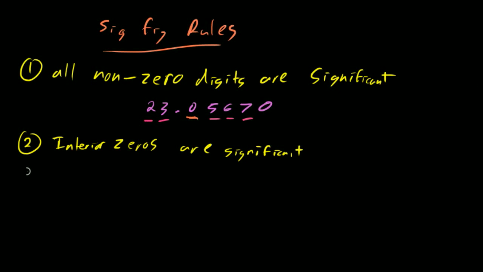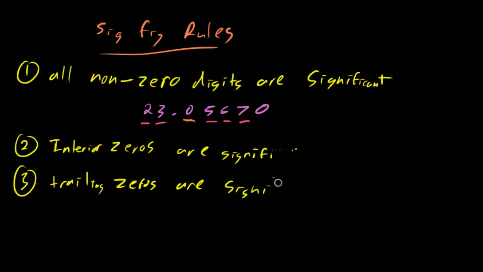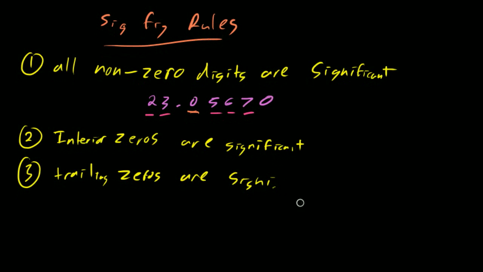The third rule is that trailing zeros are significant. Sorry, I'm still getting used to the pen. Significant.